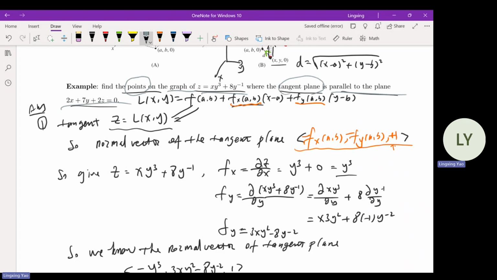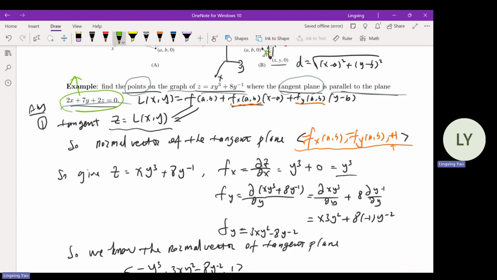So how do we make two planes parallel to each other? Even if we do not know their equations, if two planes are parallel to each other, the two normal vectors will be parallel to each other. So what is the normal vector of this plane?